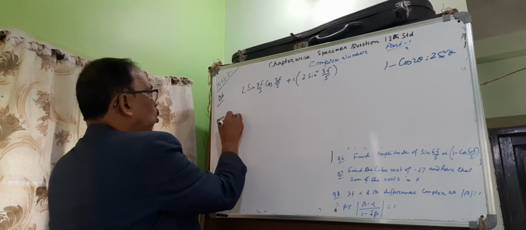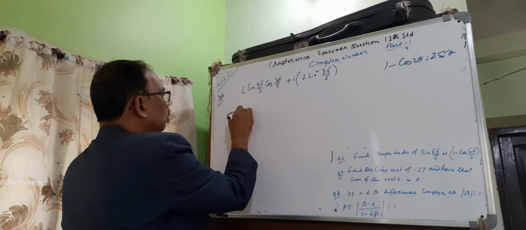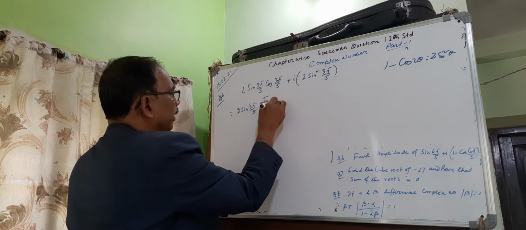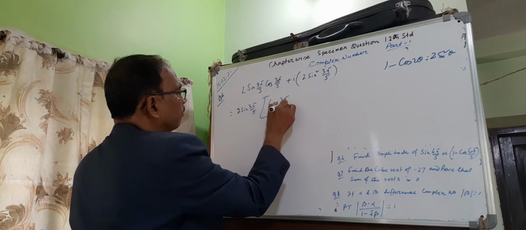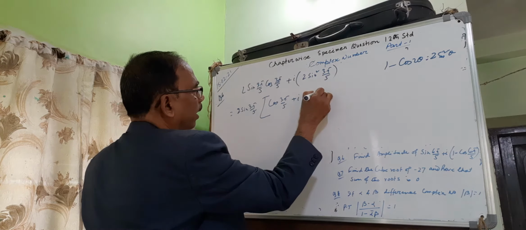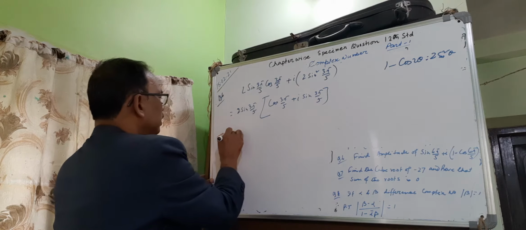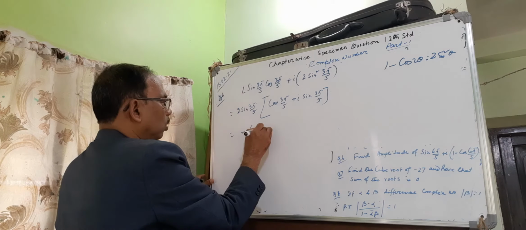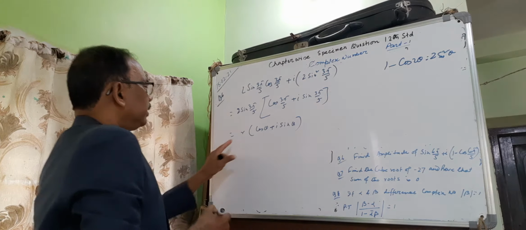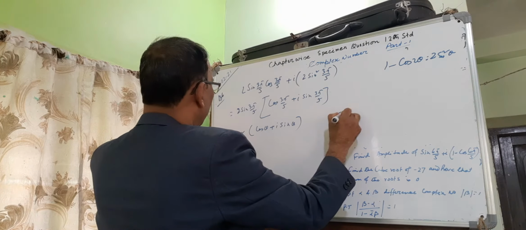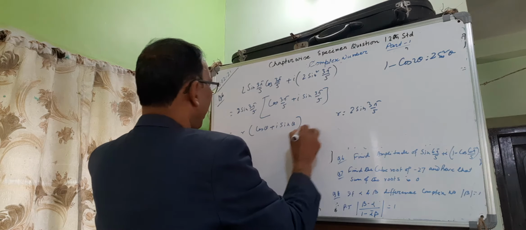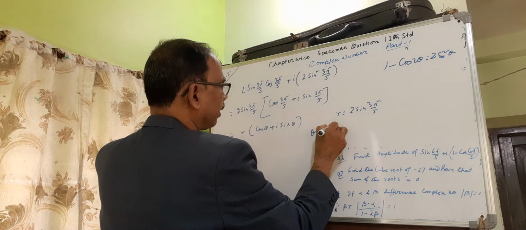Now take 2 sin 3 pi by 5 common: then cos 3 pi by 5 plus i sin 3 pi by 5. Comparing with R cos theta plus i sin theta, here R is 2 sin 3 pi by 5 and theta is 3 pi by 5.